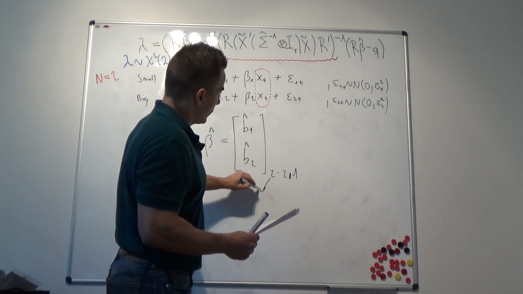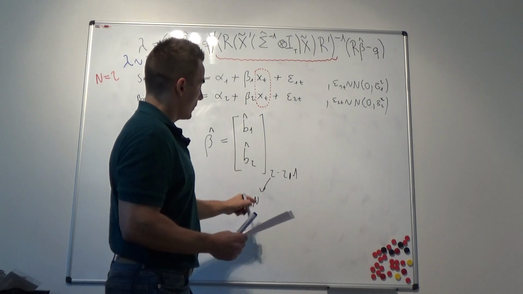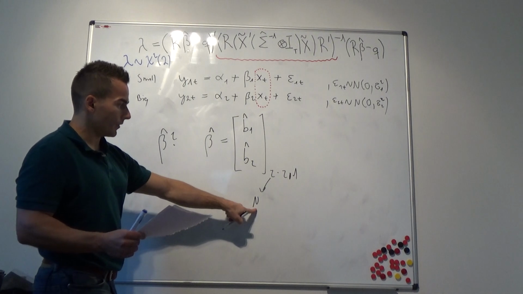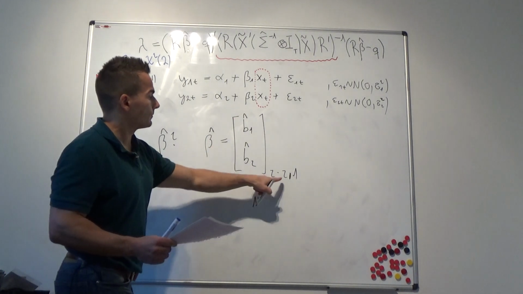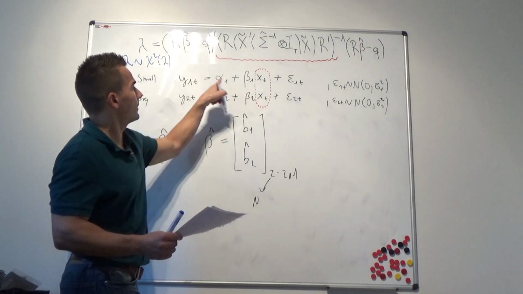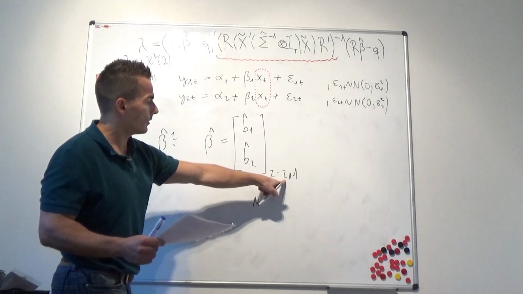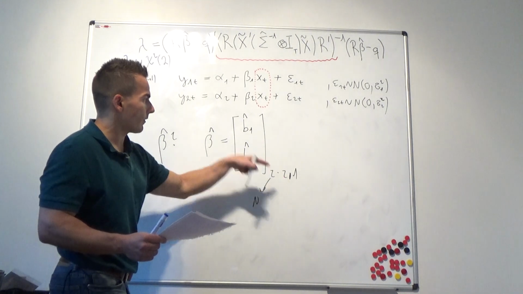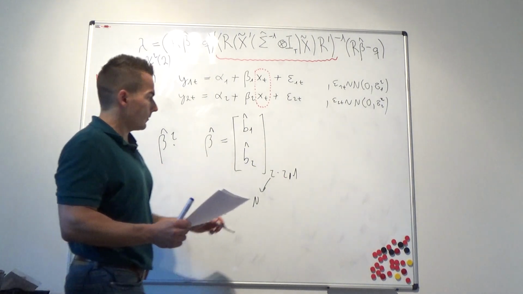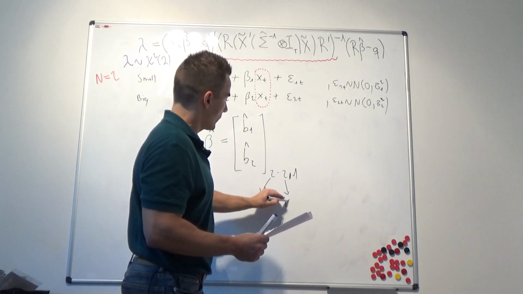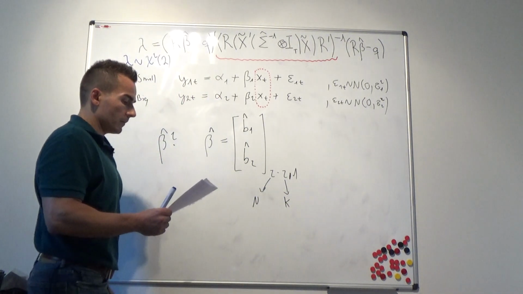Well, this is n. So if we have more equations, if our n is 30 and we have 2 parameters here to estimate, then we have obviously 30 times 2. So this becomes a 60 by 1 vector. And this 2 here denotes k, which are our parameters.